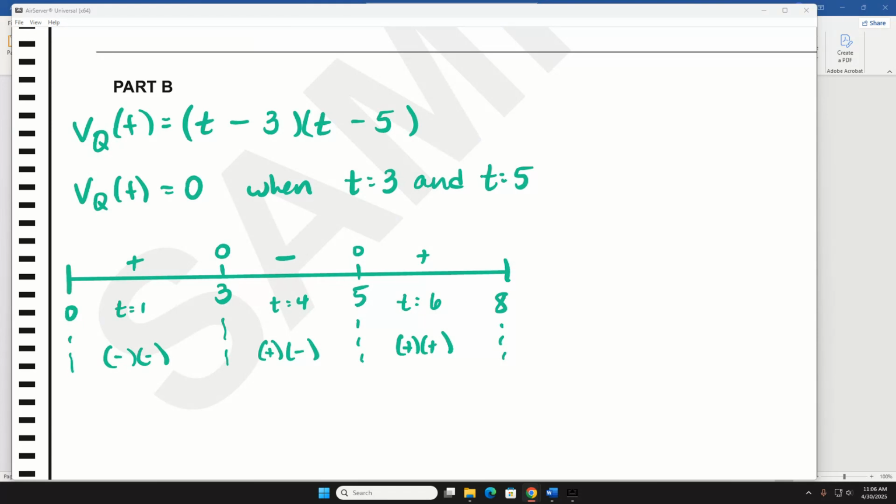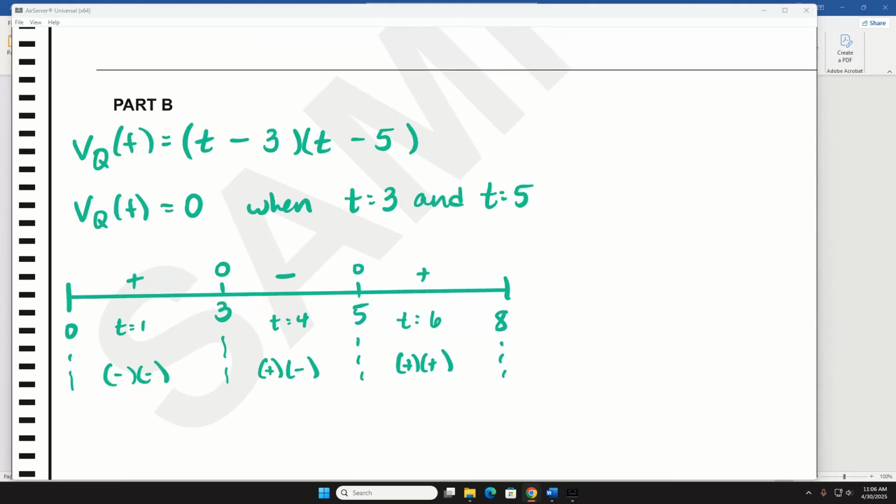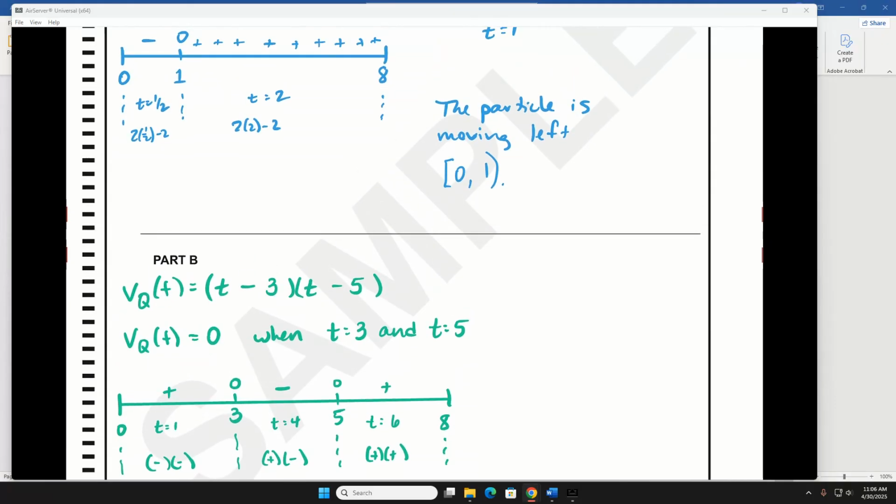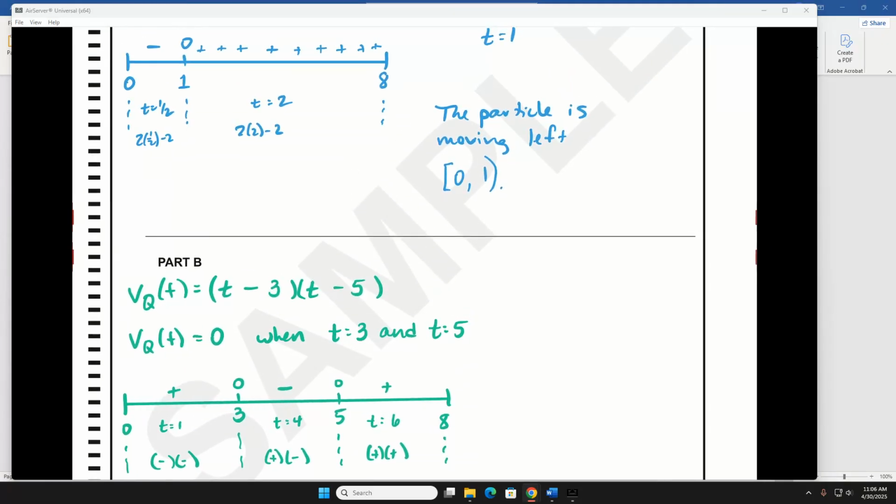So I know in this section the particle's moving right, then moving left, and then moving right again. What I need to see is when these particles are moving in the same direction. So I'm going to put in a 3 and a 5.